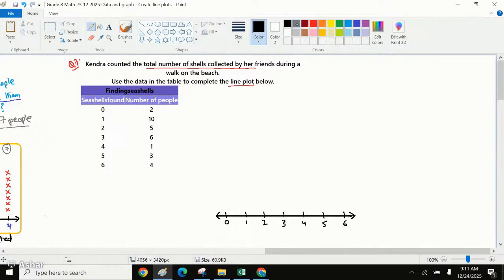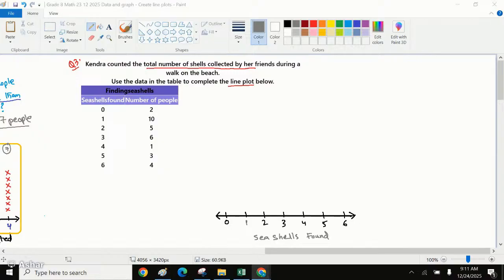And we need to label this first. What would we label here? We would say seashells found. So 0 seashells found, 1 seashell found, 2, and so on till 6 seashells were the maximum number of seashells that could be found. Okay.